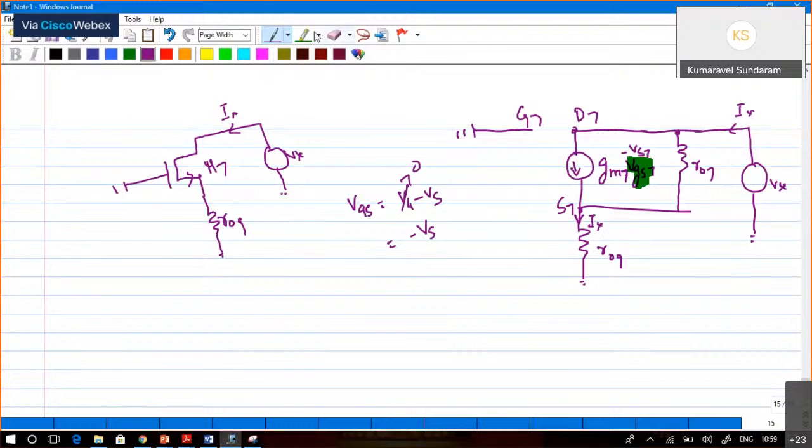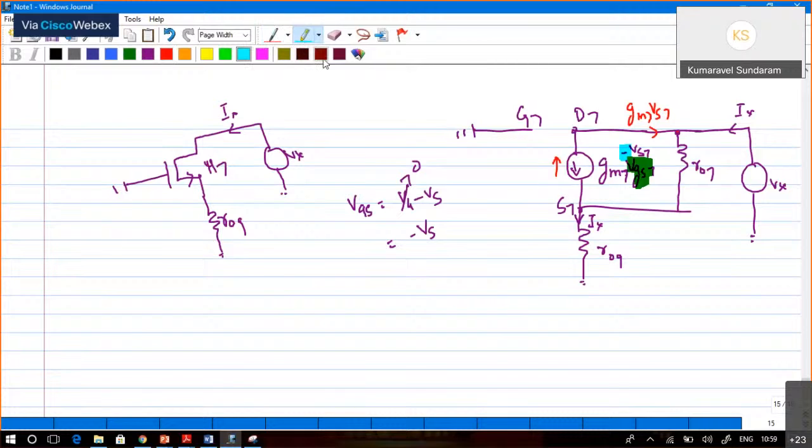To overcome this negation, to remove this negation, we can change the direction of current like this. Okay. So at this node, now Ix plus this GM7 VS7 will be the current. Ix plus GM7 VS7 is the current that is going to flow through this resistor.